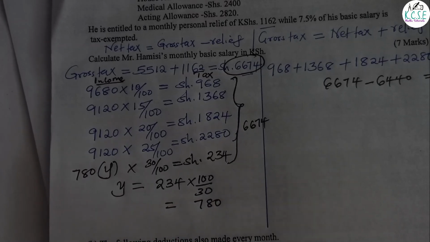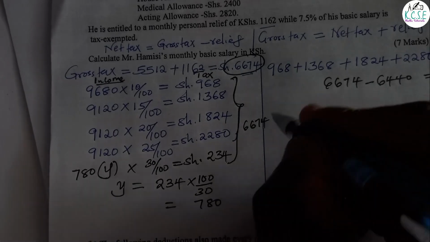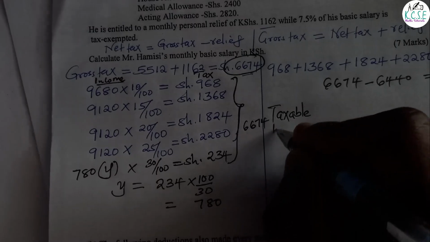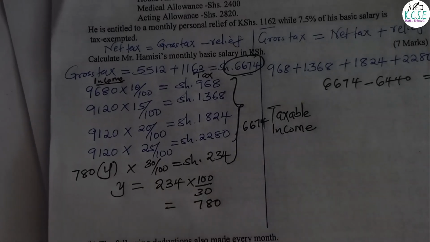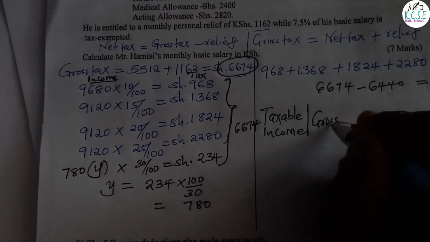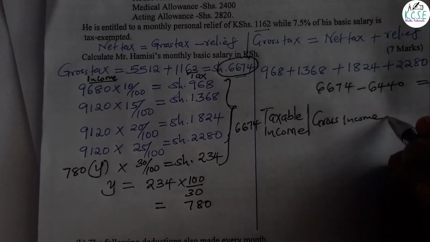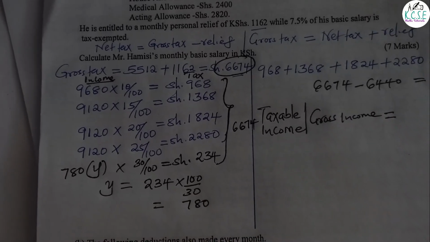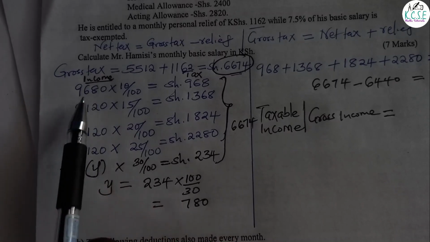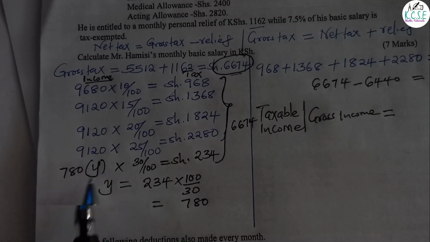Now after doing that, we are through. We should now be able to get the taxable income, or what we call the gross income. The gross income would be given by the sum of all these: 9680 plus 9120 plus 9120 plus 9120 plus 780.